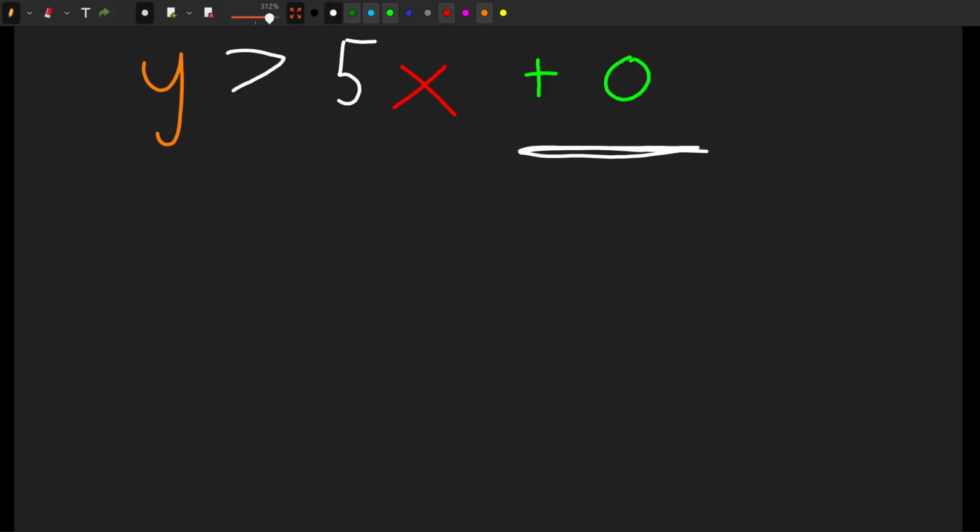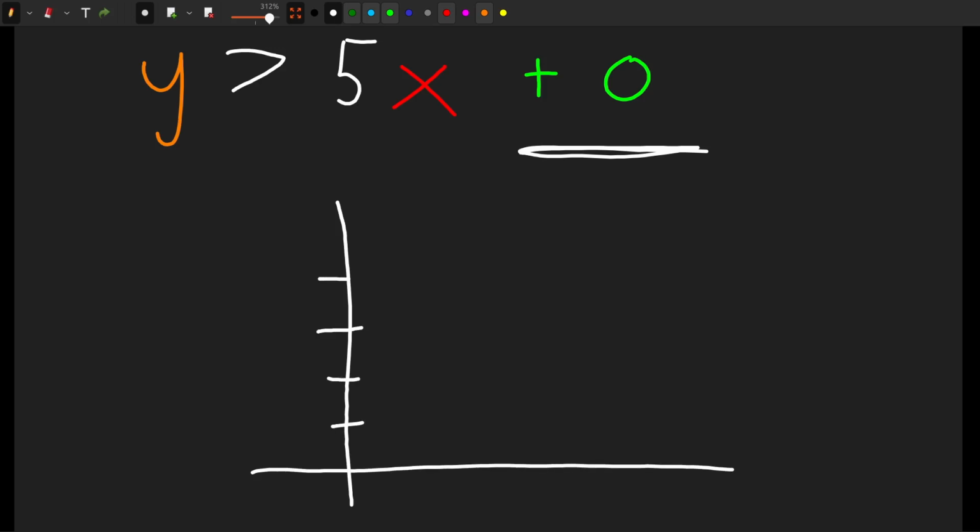So if I want to graph this, it's going to look something like this. I have a y-intercept at 0, comma 0. And then if I move up 5 and over to the right 1, I have the point 1, comma 5.